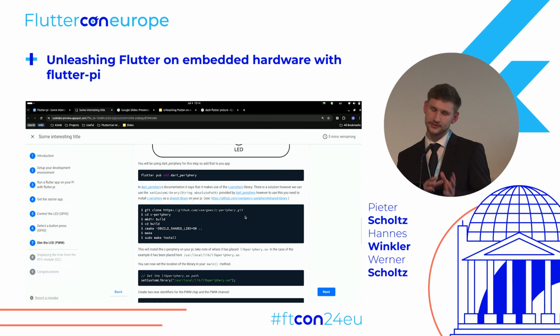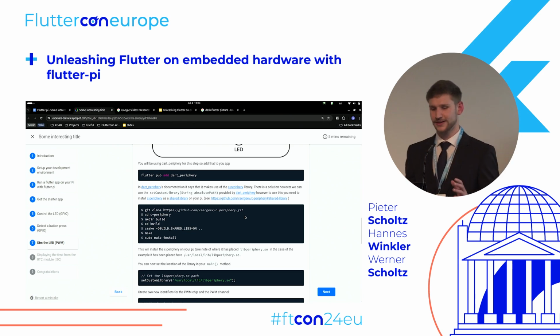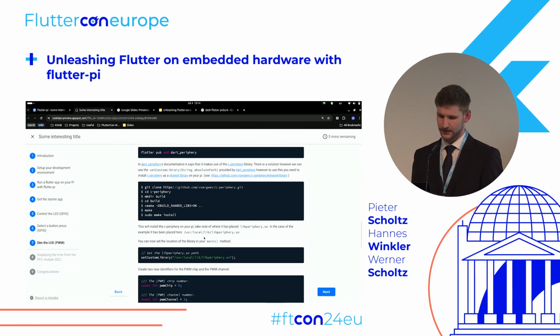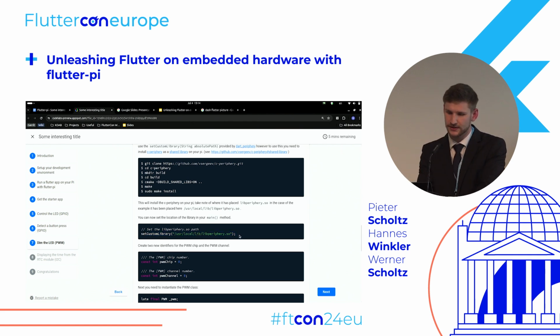dart_periphery also makes use of a C library called c-periphery. I've also installed that on the device. You can do it yourselves, or there are pre-compiled libraries that you can just copy over as well. I'll just be pointing dart_periphery to this library using the set custom library function.